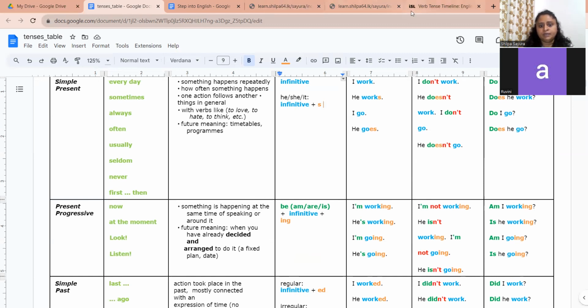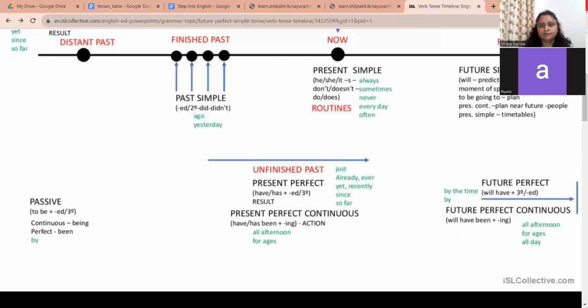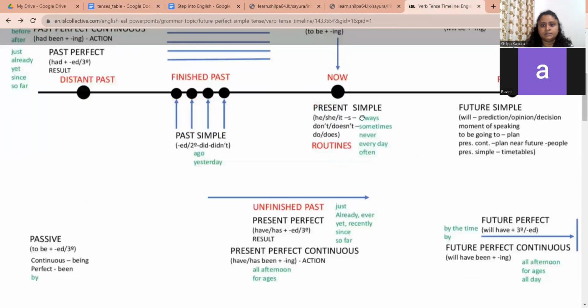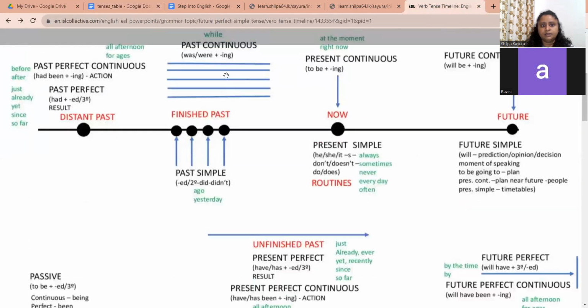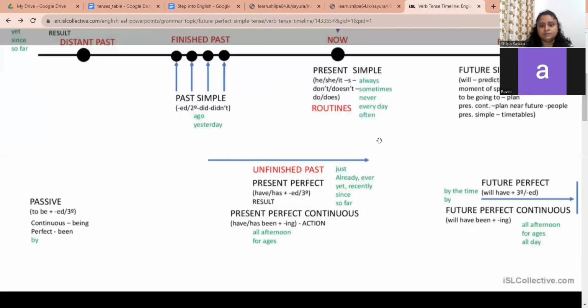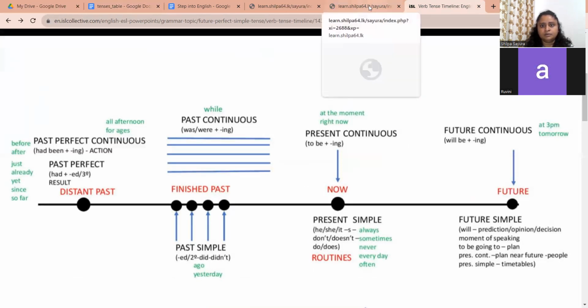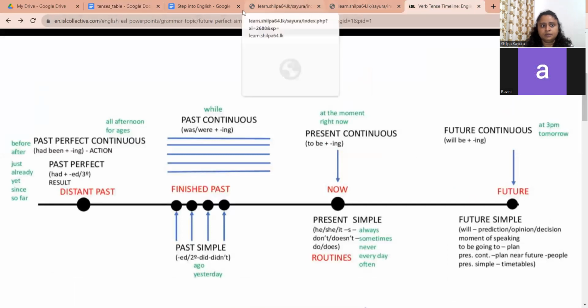When you see the timeline, you see here this present continuous, right? Here past continuous. So present continuous means something happening here.